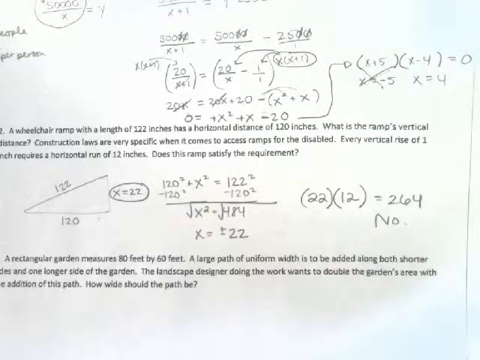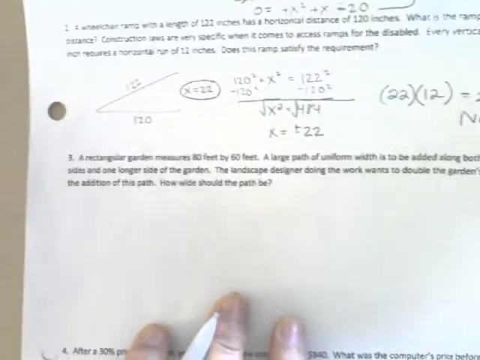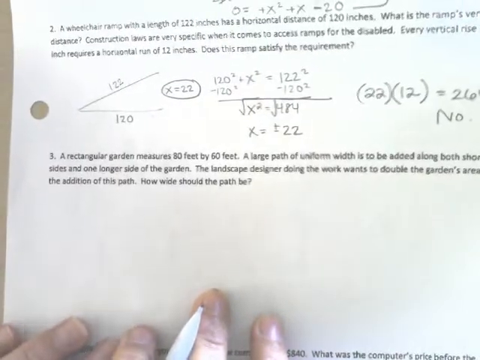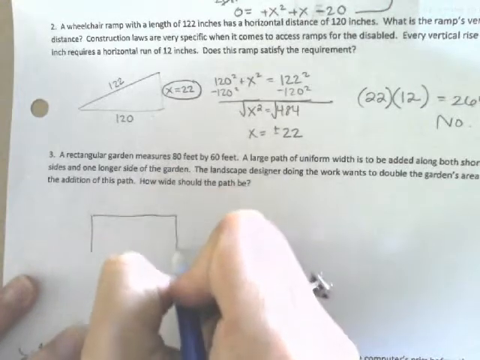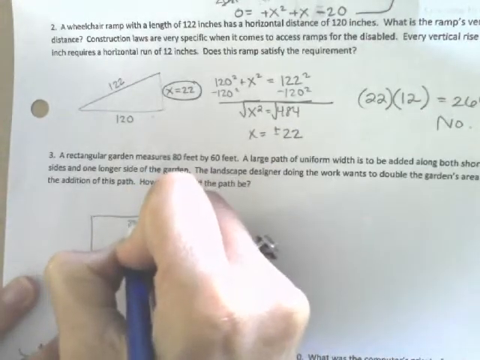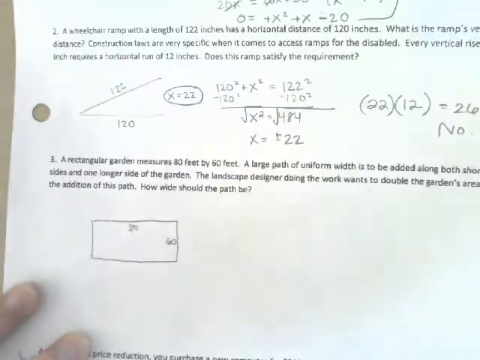Any questions, comments here? Okay. Number 3 talks about a rectangular garden that measures 80 by 60. Again, I like my pictures. 80, 60.